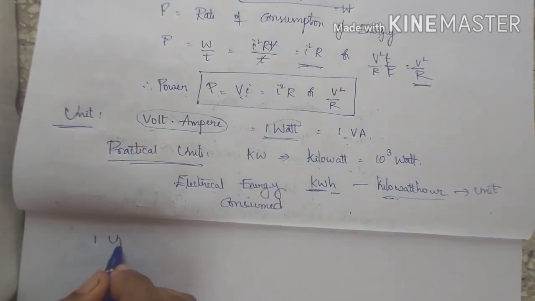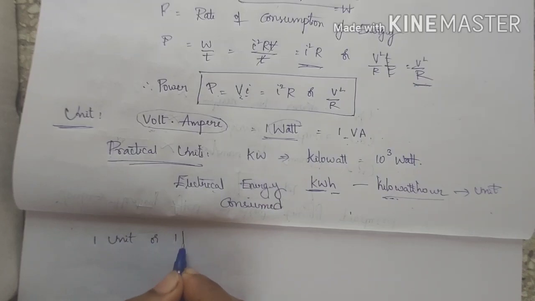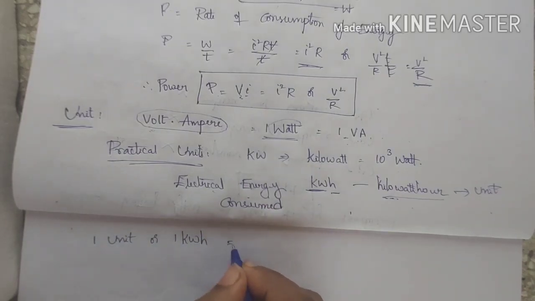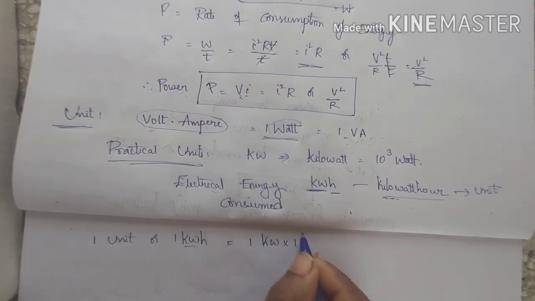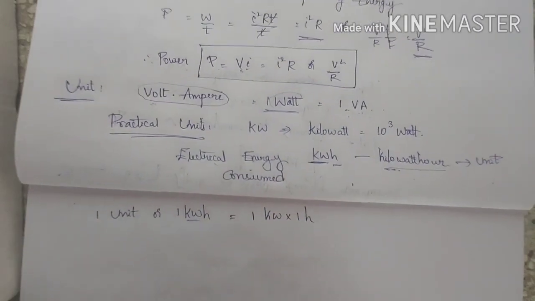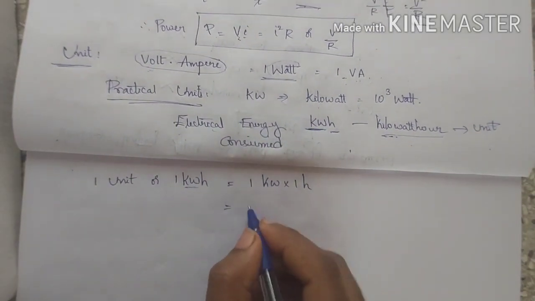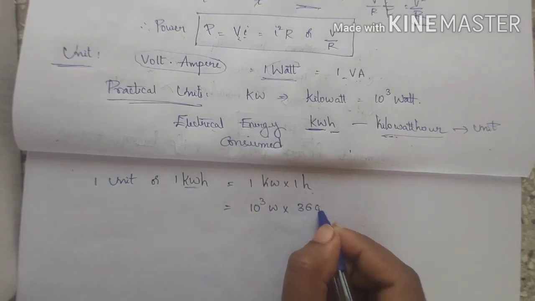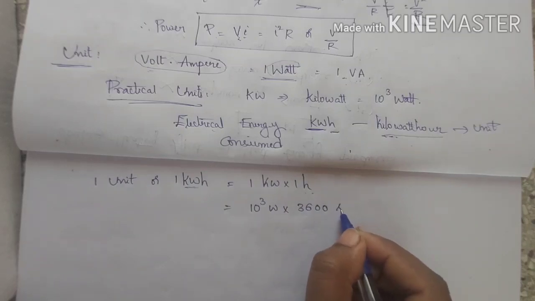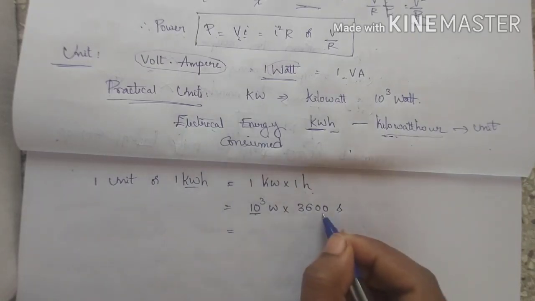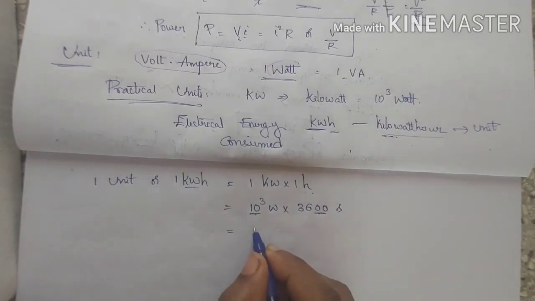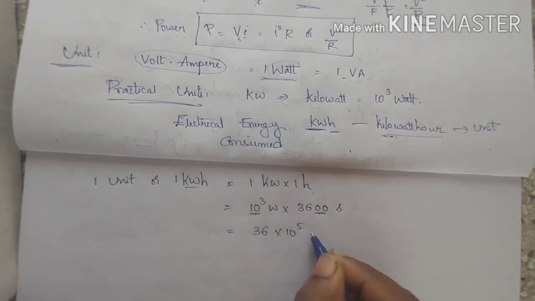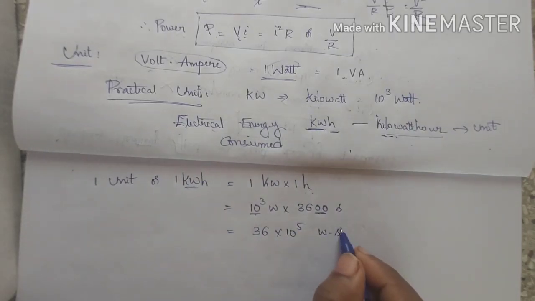Now we'll see, 1 unit or 1 kWh is equal to 1 kilowatt into 1 hour. Can I write like this? So what is 1 kilowatt? 10 power 3 watt into 1 hour, which is 3600 seconds. So it is 10 power 3 into 36 into 10 power 2, which is 36 into 10 power 5 watt second.